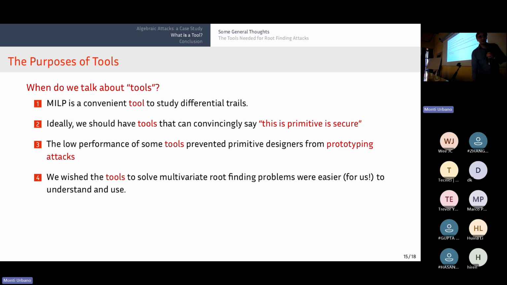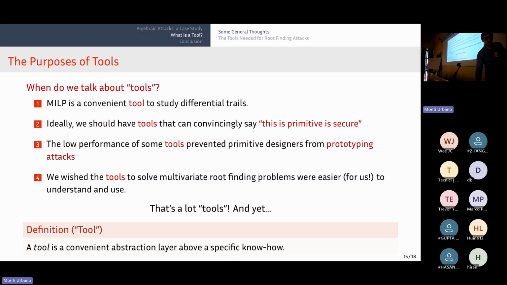So what is the common thread between all these tools? The word tools here, what does it refer to? Because it seems like it refers to different things every time. Here, it's more like a theoretical concept of an algorithm. In point 3, it's really like a piece of software. Point 2, it's almost like a philosophical goal.